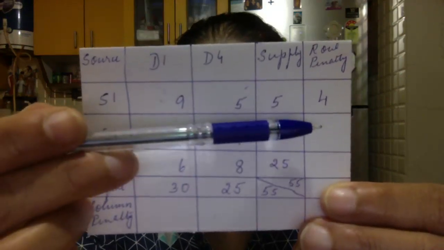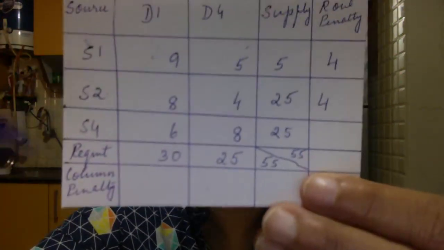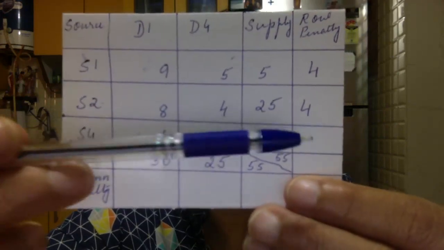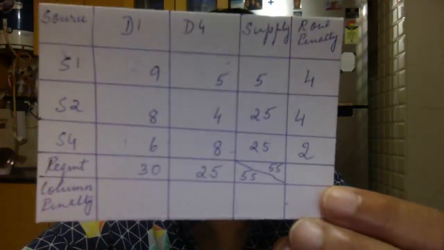The penalty here will be 4. Third, you have 6 and 8. The penalty here is 2. So our row penalty has been calculated.